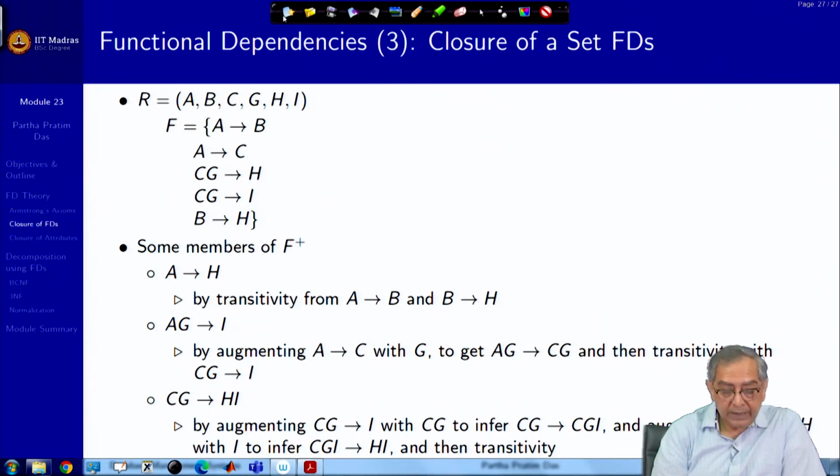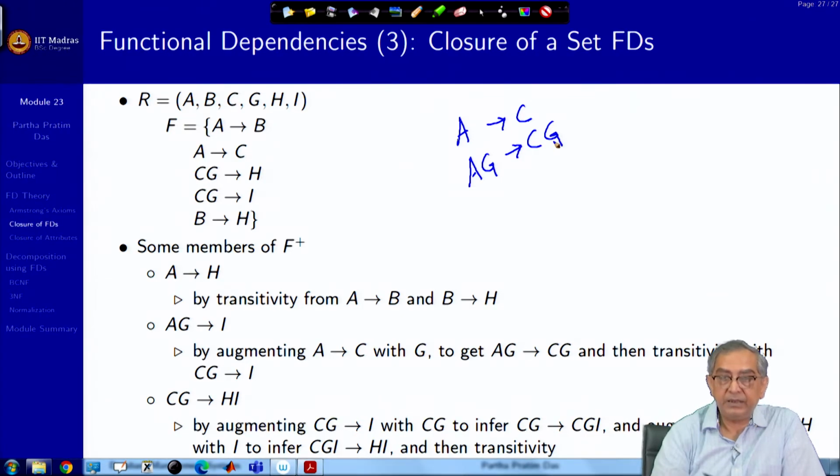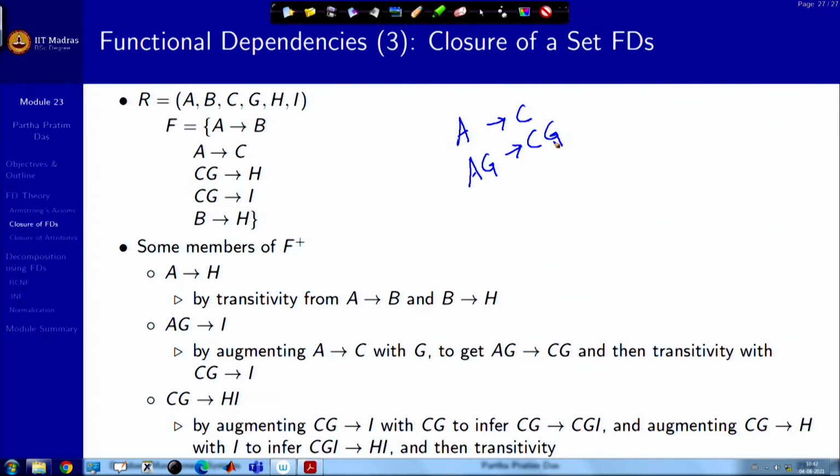Now, let us say A determines C. If I augment with G, by the augmentation rule, then AG will determine CG. I am trying to see if I can use any of these rules.